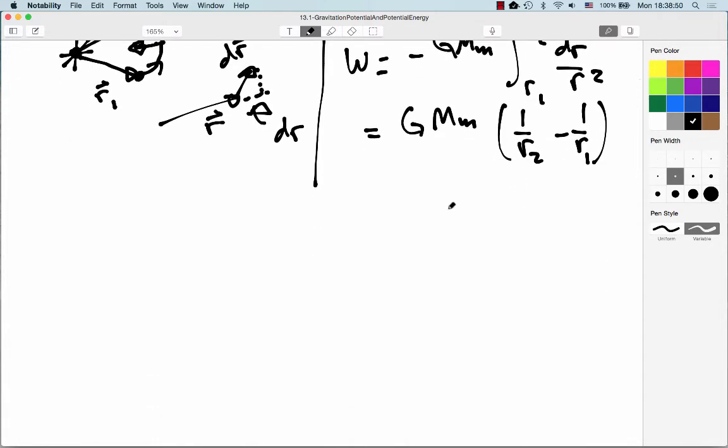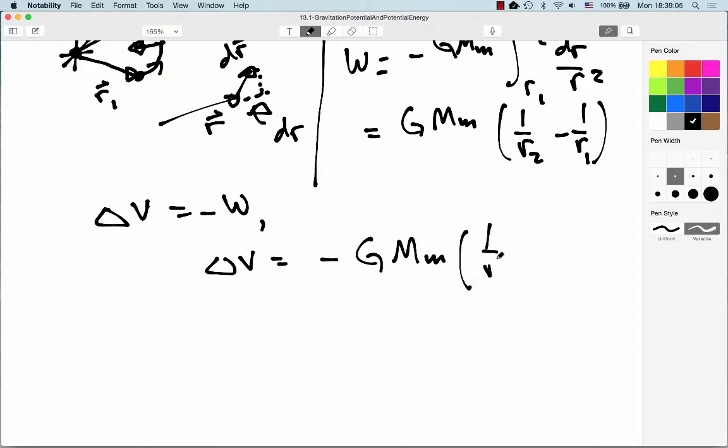So remember, the change in the potential energy will be equal to the negative of the work. So the change in the potential energy would pick up a minus sign, so minus GM times 1 over r2 minus 1 over r1. Now, any function that we can dream up such that the difference at r1 and r2 is that will work just fine.